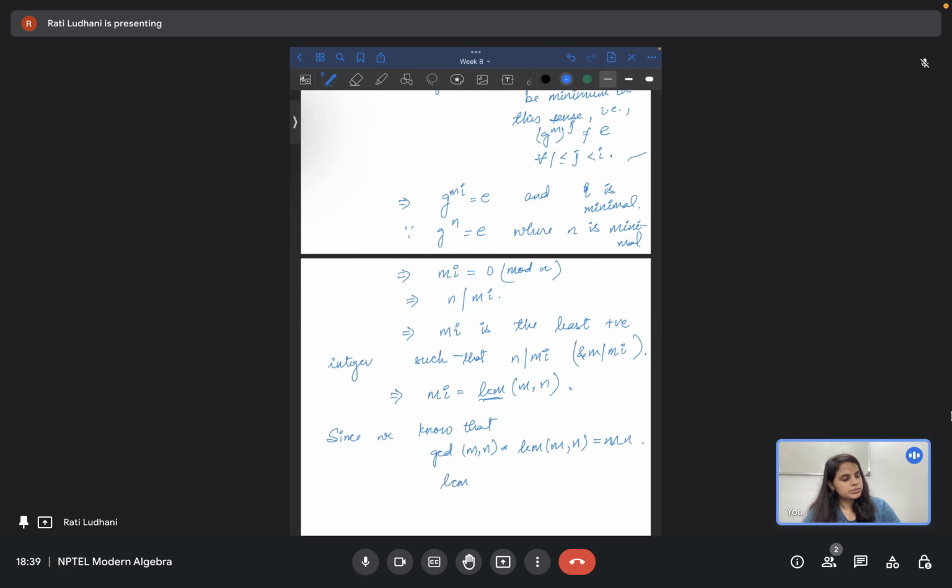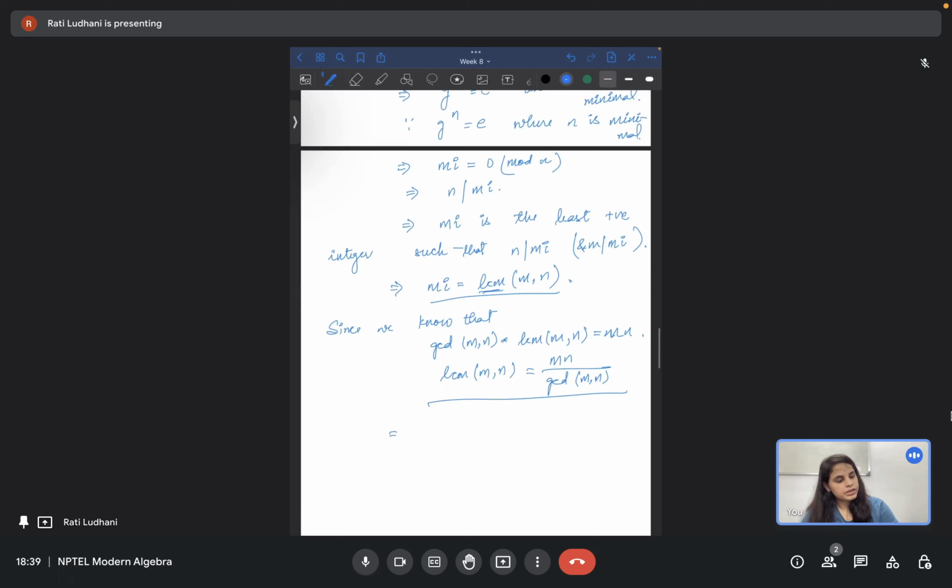So LCM of m and n is equal to mn by GCD of m and n. If you compare with this, it implies i should be n by GCD of m and n.